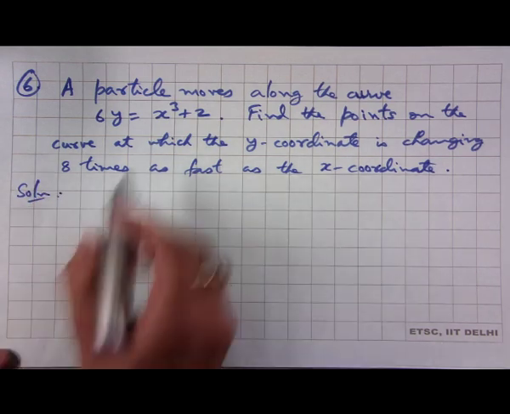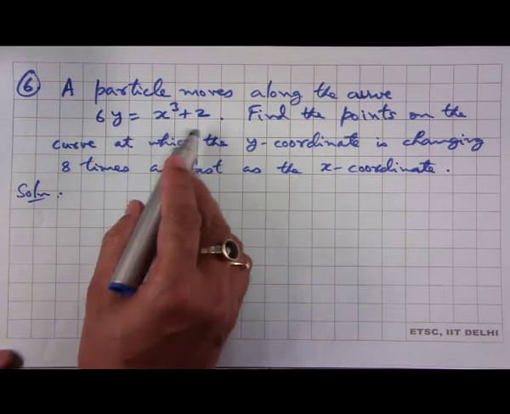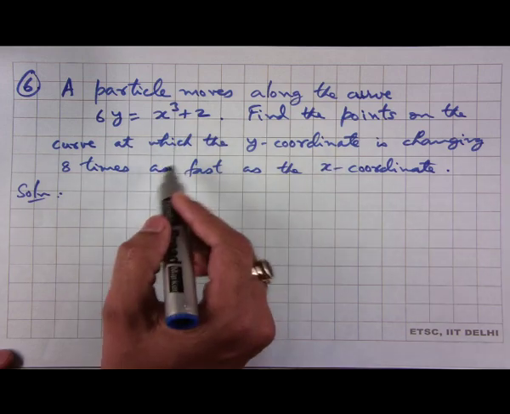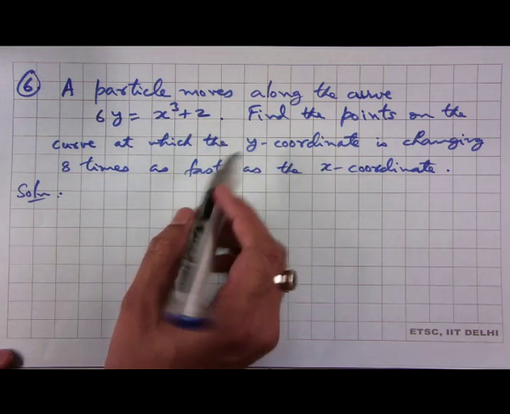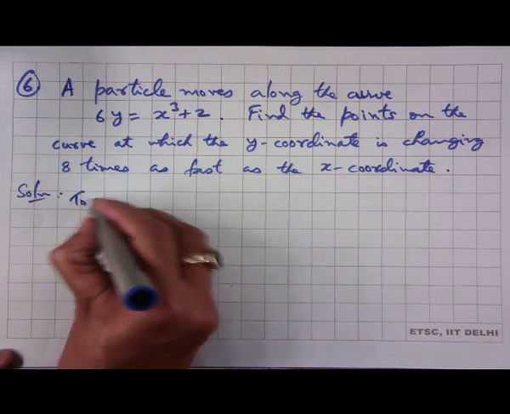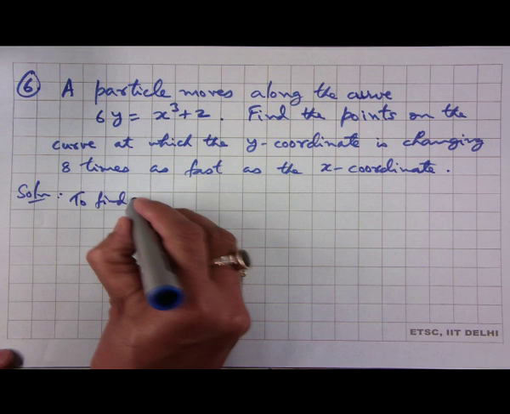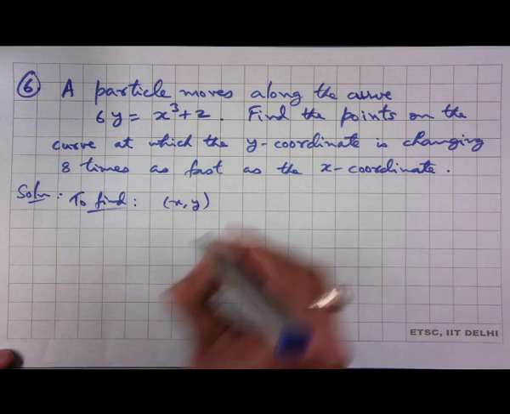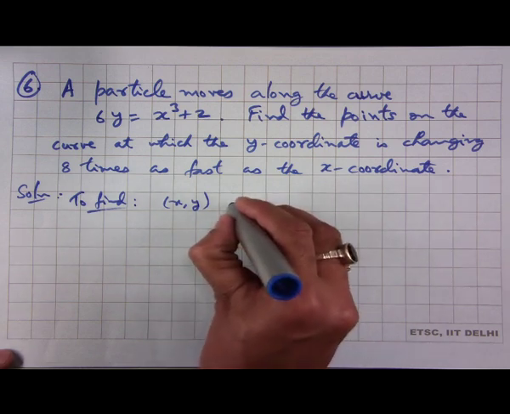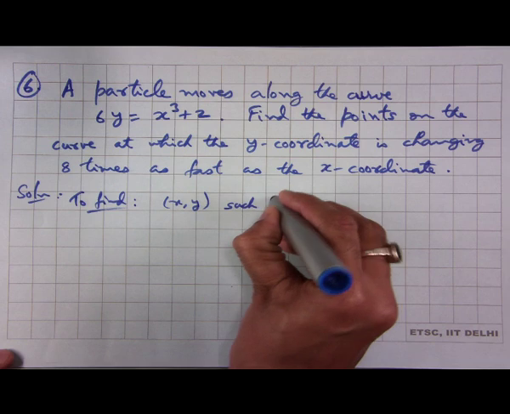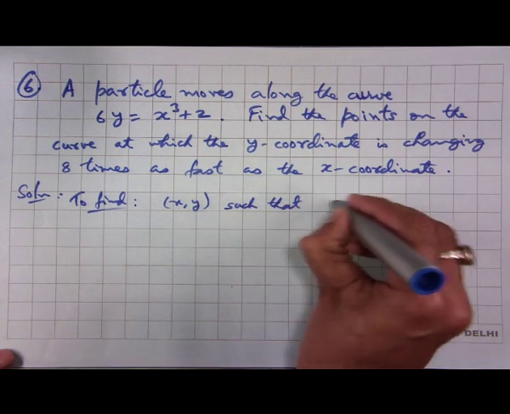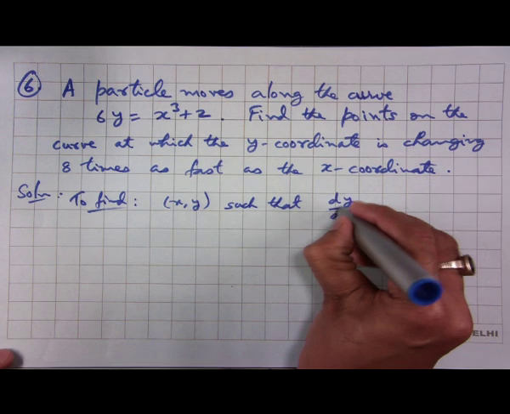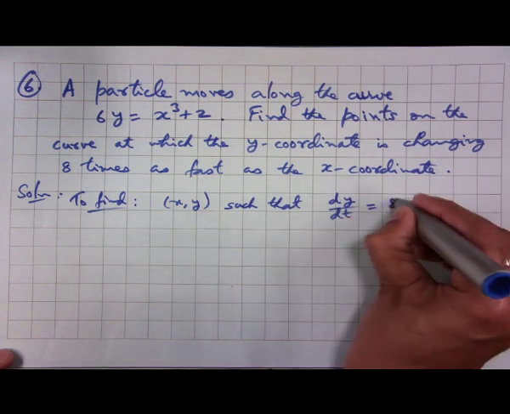So, we are given the equation of the curve and we need to find points, that is, to find (x, y) such that dy/dt is equal to 8 times dx/dt.